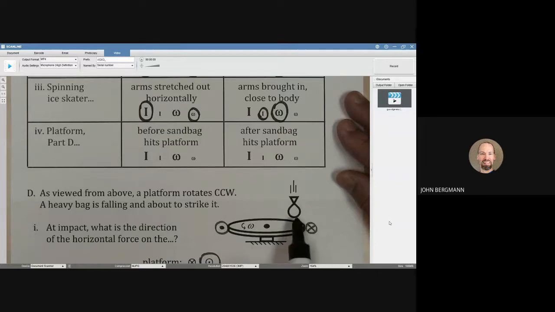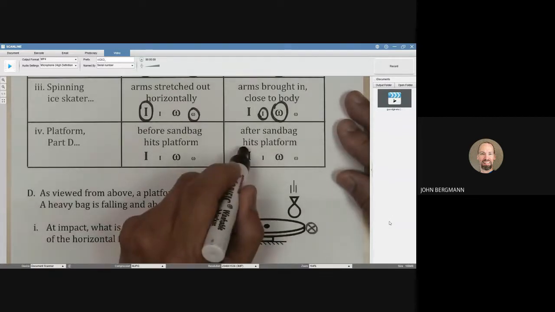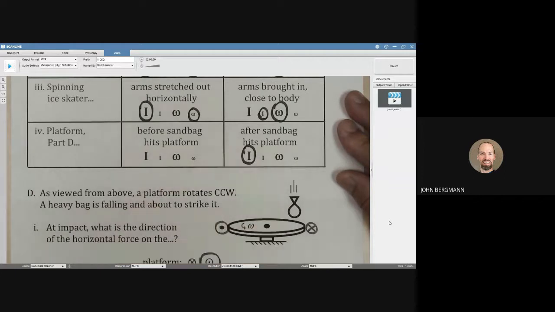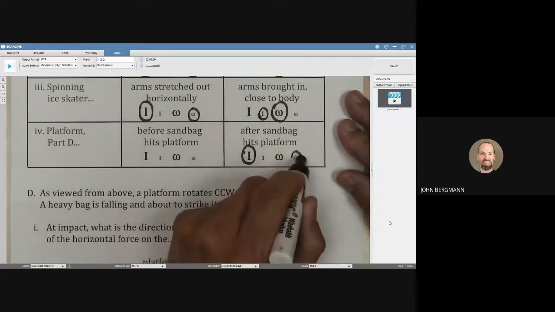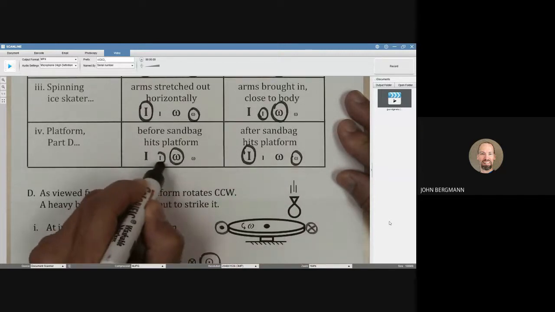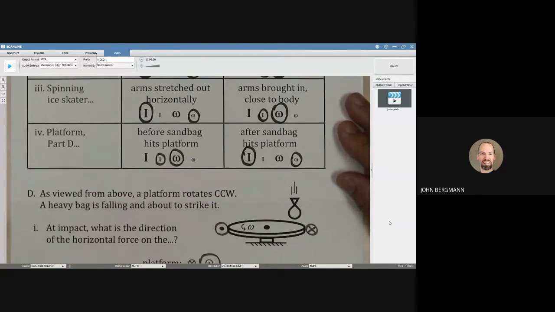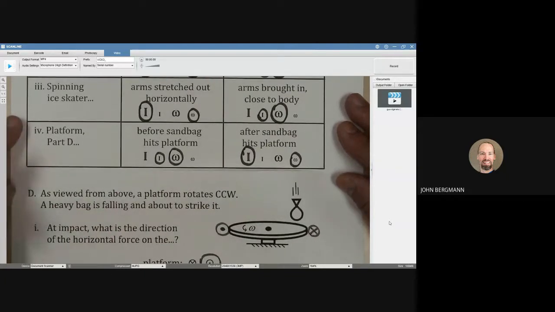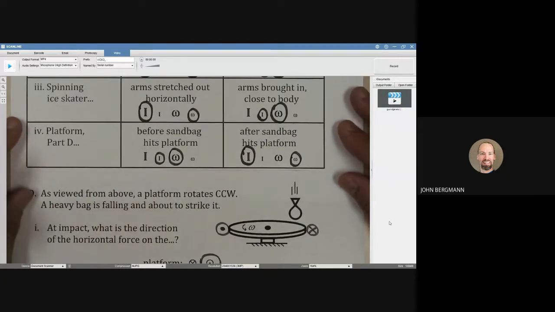See, this mass of the sandbag, it wasn't really part of the rotating system at first, but when it hits, it's going to contribute more now to the moment of inertia. So when it hits, we're going to have a bigger moment of inertia, and the rotation rate is going to slow down compared to what we had at the start. So in each case, what we're talking about here conceptually is that angular momentum is conserved.